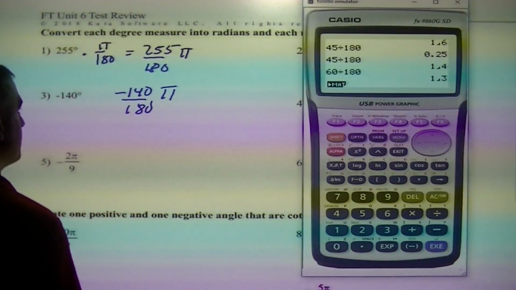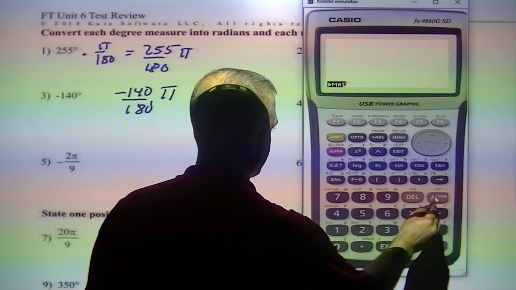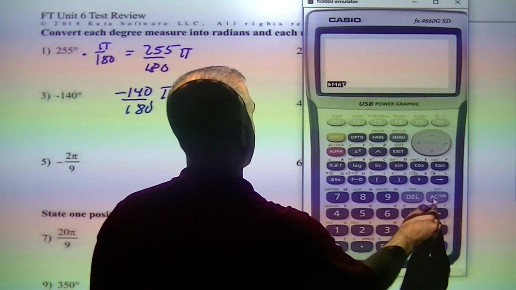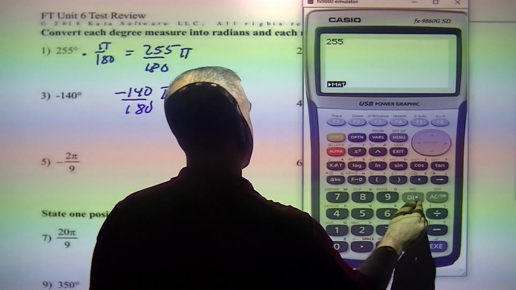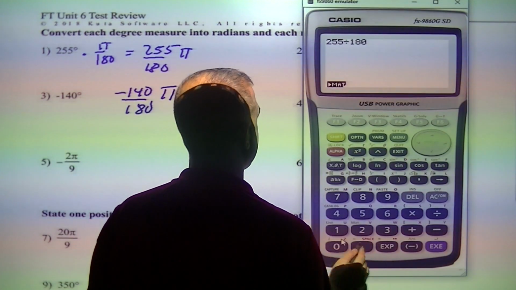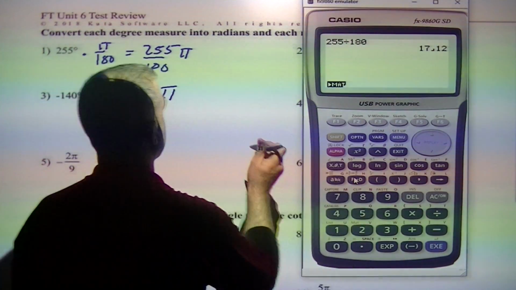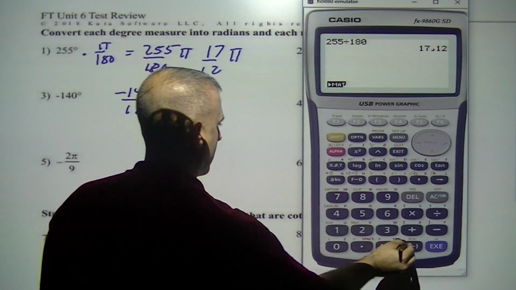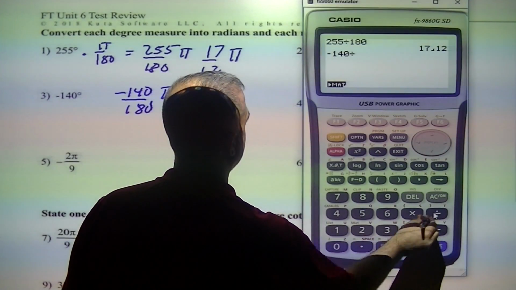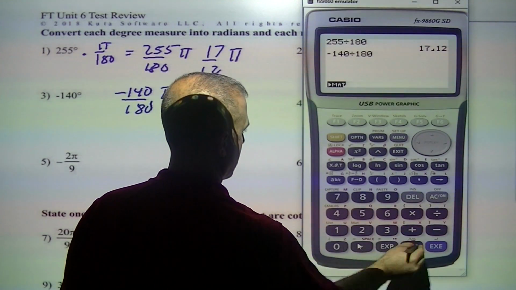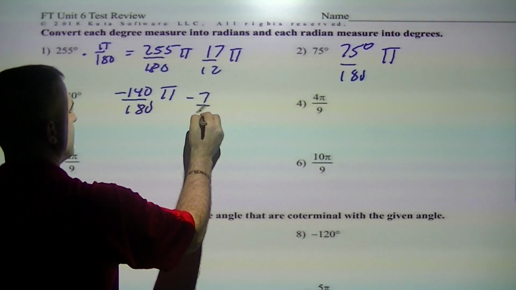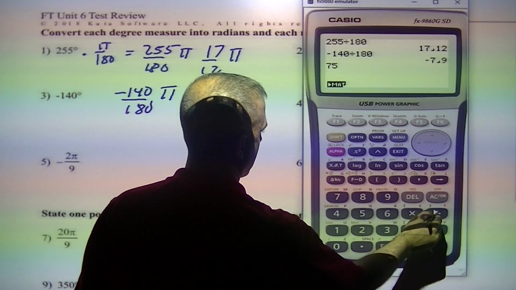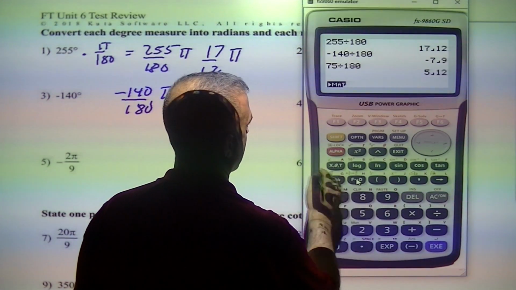So let's just handle those real quick. 255 over 180 is going to be 17/12 pi. Negative 140 divided by 180 is negative 7/9 pi. 75 over 180 is 5/12 pi.